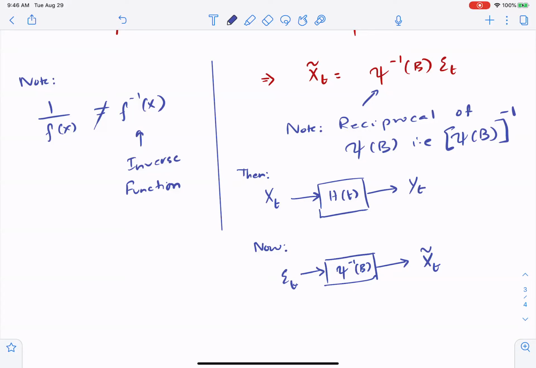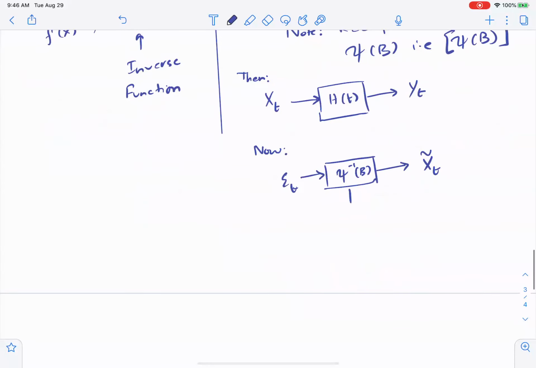We rewrote it in terms of psi raised to minus 1 of B, which is nothing but the blank function. Are we able to fill in that blank? Yeah, it's the reciprocal function. True. But going back to the beginning of class, Joe, the very transfer function. Good. Transfer function.